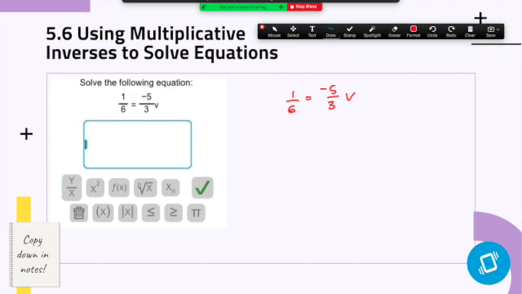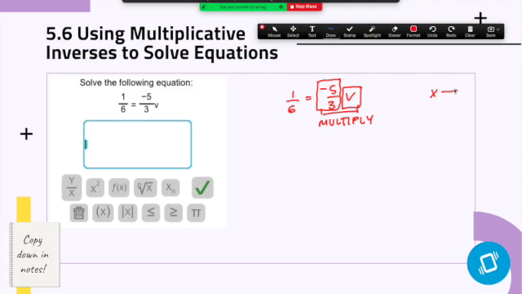If this is the case, I want to look at what's happening here. I know that this fraction right here is multiplying with the v. Since they are multiplying, we want to complete the opposite operation.